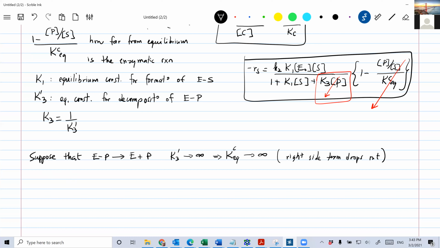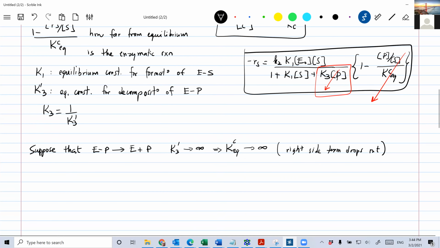So product inhibition is often a phenomenon in enzymatic reactions. So even if the reaction is irreversible, you can have product inhibition. We'll get back to that in a minute when we look at the types of inhibition that can occur with enzyme catalyzed reactions.